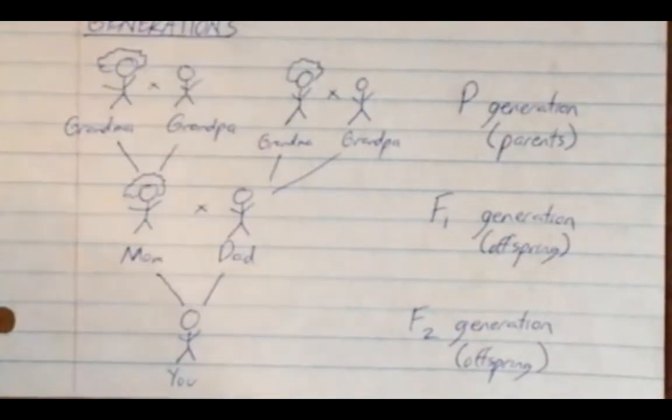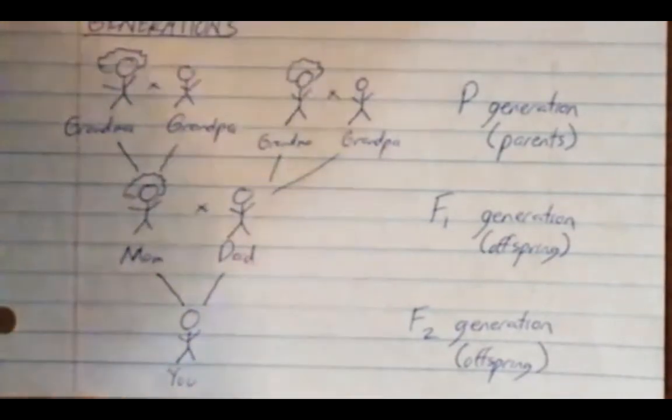Okay. So you got the basics in here now. Let's jump into what you're going to see with some genetics problems. All right. So let's say that we want to cross mom and dad. Mom, dad. I'm not doing grandma and grandpa this time.